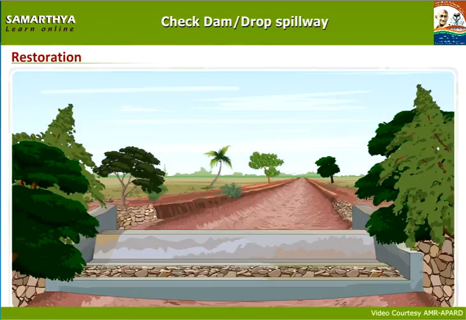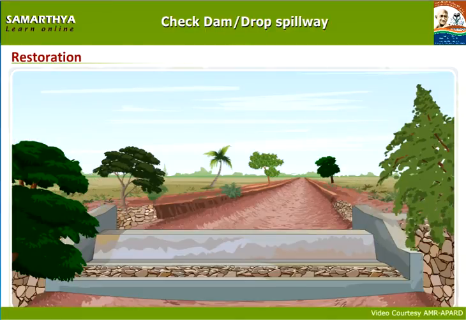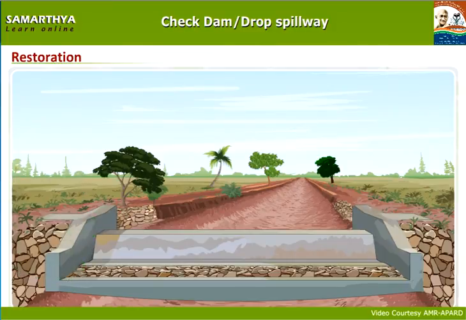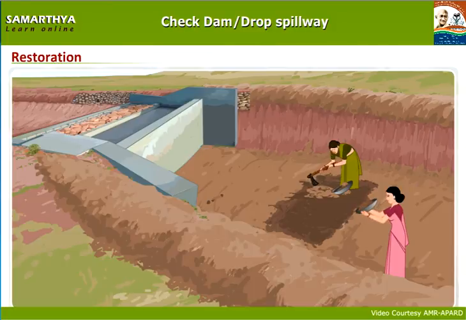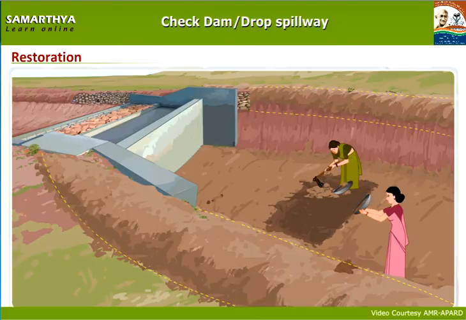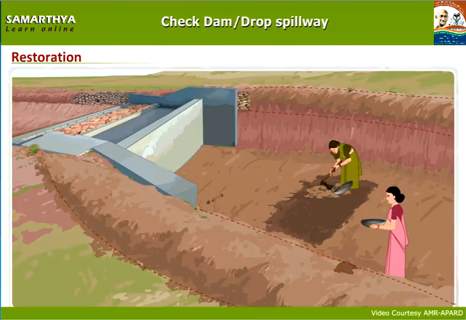Trees must be removed from the lower and upper area of check dam because cracks may develop in check dam due to the roots of trees. This way, trees must be removed from the lower and upper area. Remove silt from behind the check dam and deposit it on the bunds that are on both sides of the dam.